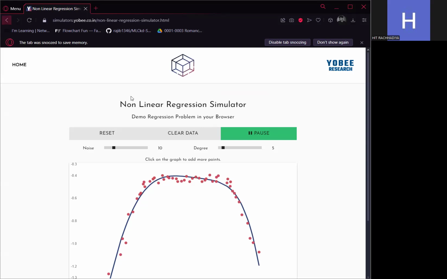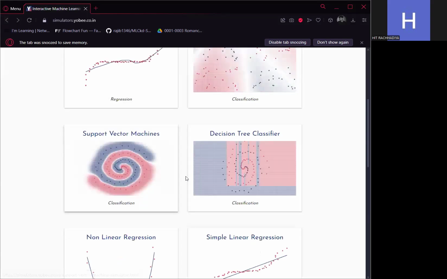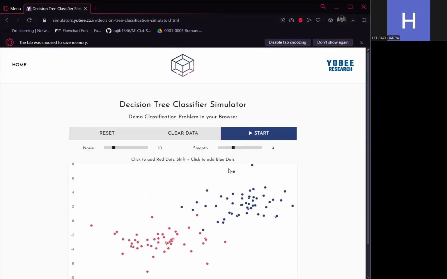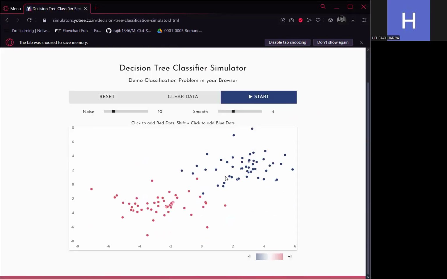Now let's look at the next, which is the decision tree classifier. So this is a classification algorithm. First of all, let's understand what a decision tree is. A decision tree is a supervised machine learning algorithm used for both classification and regression tasks.